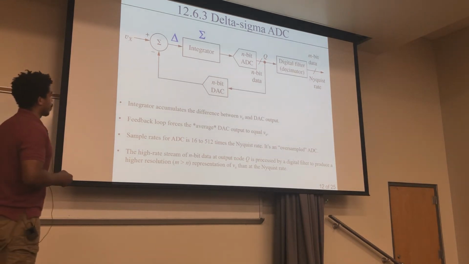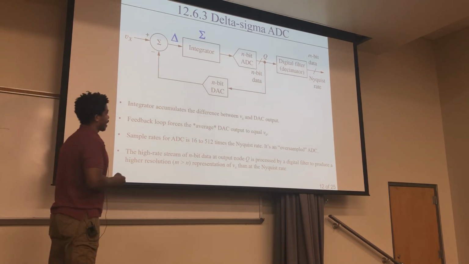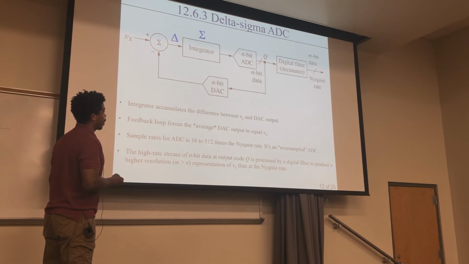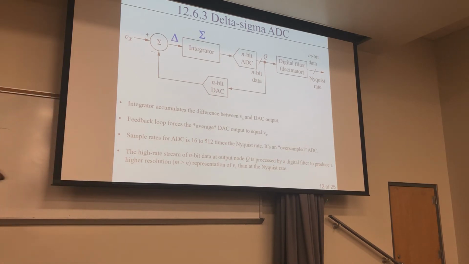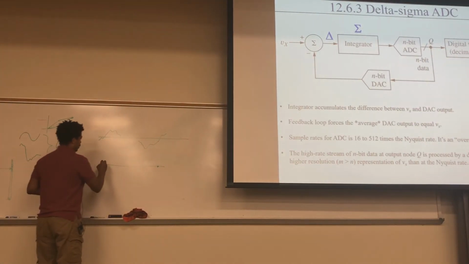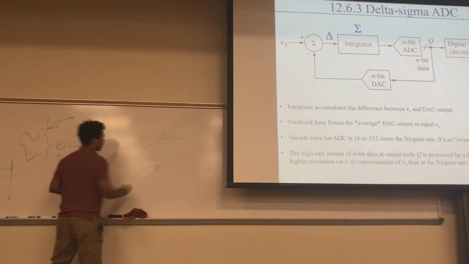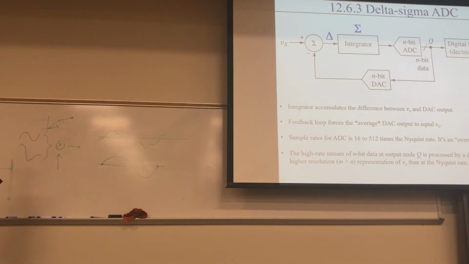And the sample rates for the analog to digital, this part it's actually oversampled. So it's like 16 to 512 times the Nyquist rate, and so it's called oversampled. And to remind everyone what Nyquist is, if you have a signal, like let's say you make a sample here in time, another sample here in time, the sinusoid that you can fit there is like that, right?